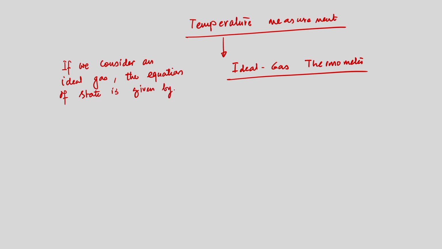In fact, we have studied this in our 10+2 level course and also in our undergraduate thermodynamics course, that the equation of state is given by our ideal gas law, and that is nothing but PV is equal to mRT, right. Now, this is one part.